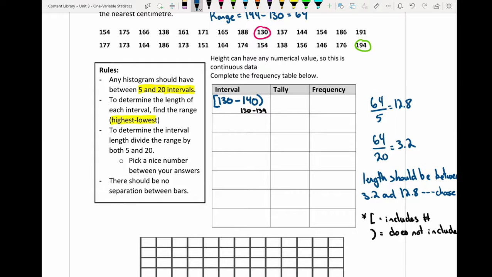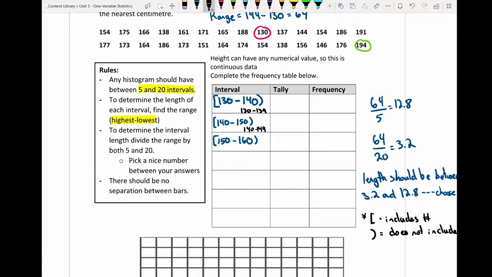Let's continue with our intervals so that we get those done before we start figuring out everything else. The next one will include 140, and we go to 150, but with a round bracket because we're not going to include 150. So it's actually 140 to 149. Then our next interval is still going up by 10, so 150 to 160.